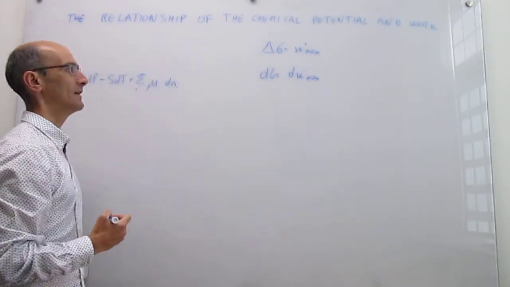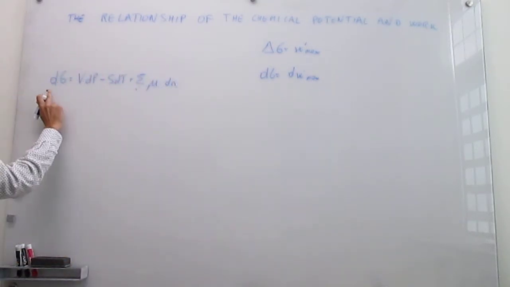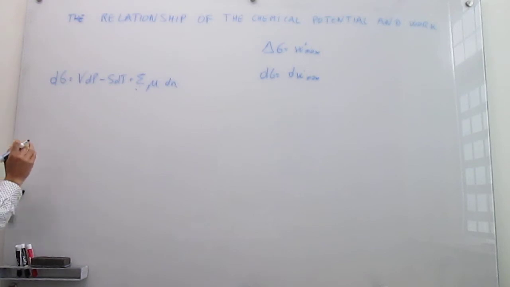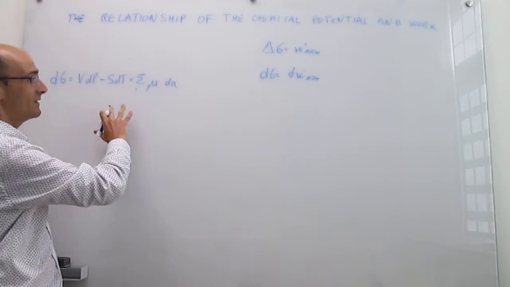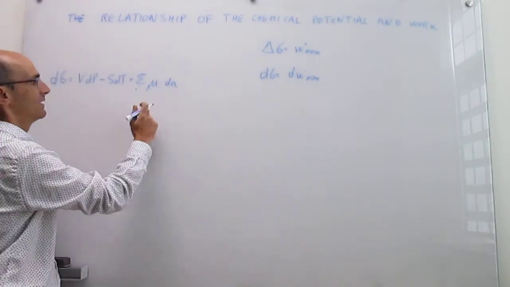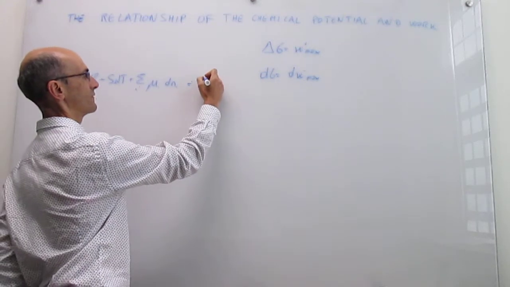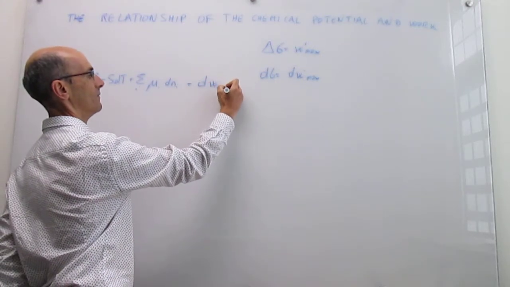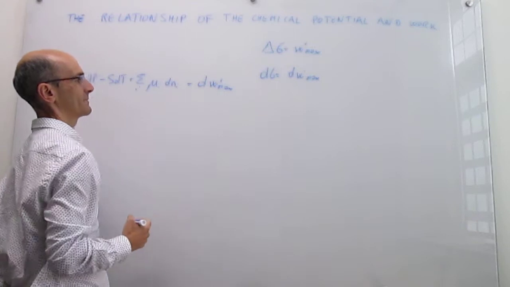It turns out that now we have a way to express the variation of the Gibbs energy, and that is going to come in right here. So this would be exactly identical to your differential of maximum non-expansion work.